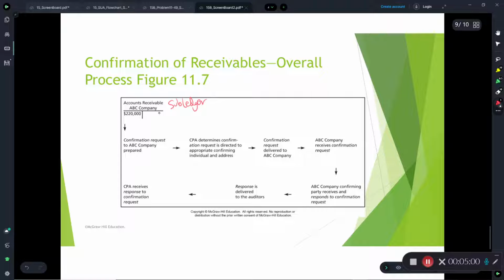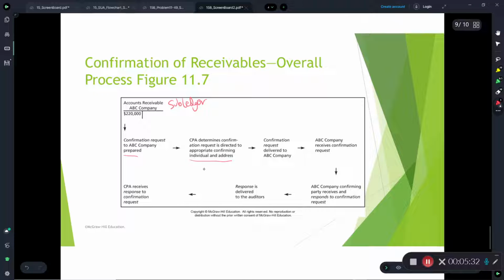We've got ABC Company as a client, or at least, excuse me, our client has them as a customer, and it says they owe them $220,000. Obviously, this is a business-to-business set of transactions. And so the general process is we're going to have a request that's prepared. A confirmation request is prepared. The CPA is going to make sure that it's sent to the right individuals.